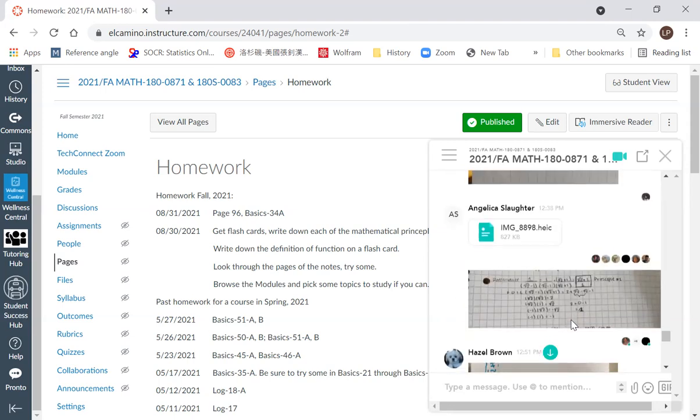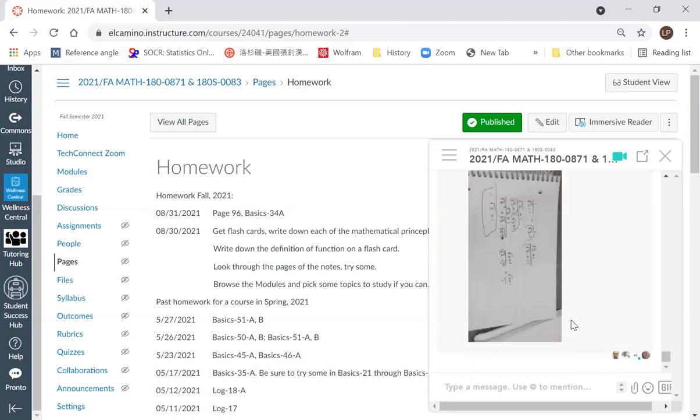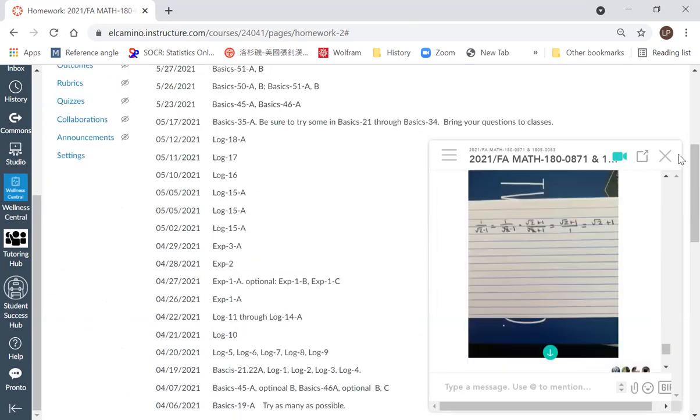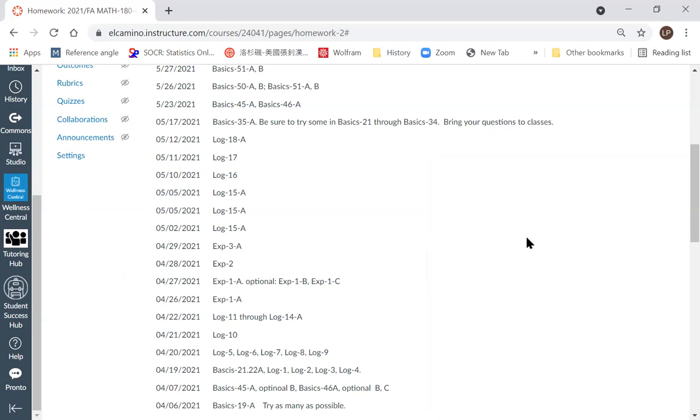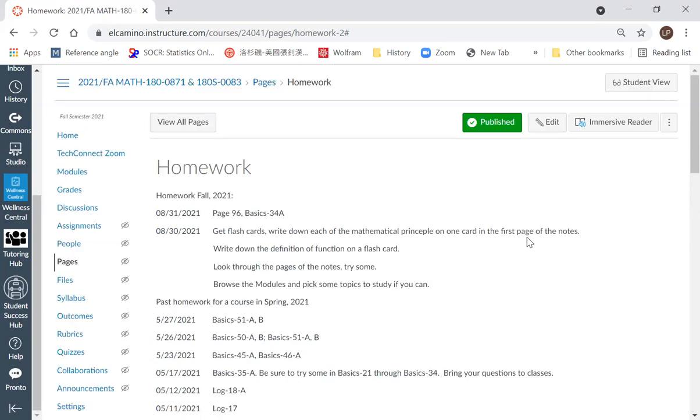Professor, if we have a question on a specific problem on the homework, could we just bring it up during the next class? Absolutely. You can bring it up in the next class. You can send it to me via Pronto during the day. Actually, we can also use a discussion board.